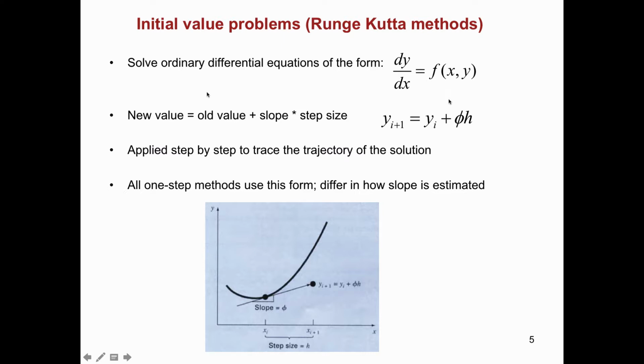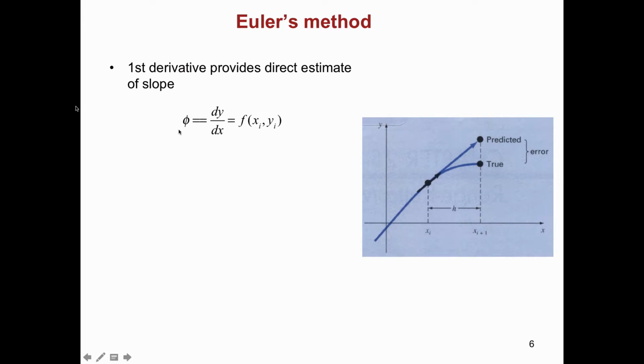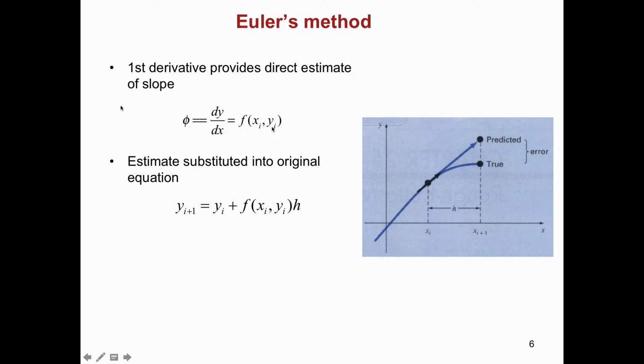So that's pretty simple then, right? I know what slope is. So basically my slope, you will hear me call this phi, it's a Greek letter, is f of xi, yi. And that's it, that's our method.